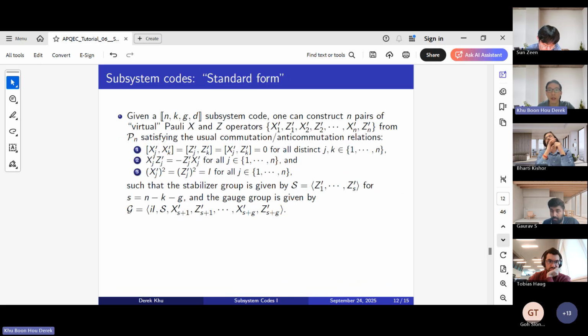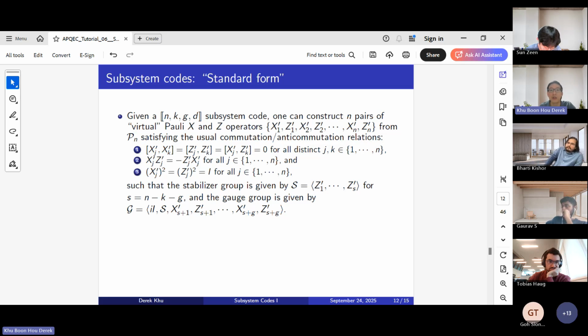Right, so this is just a little something extra. Sometimes it's easier to think about subsystem codes in this canonical form or standard form, where for any subsystem code with parameters n, k, g, d, you could find n pairs of virtual Pauli X and Z operators.